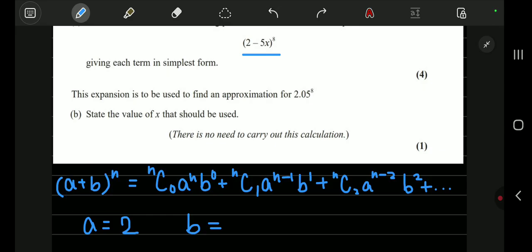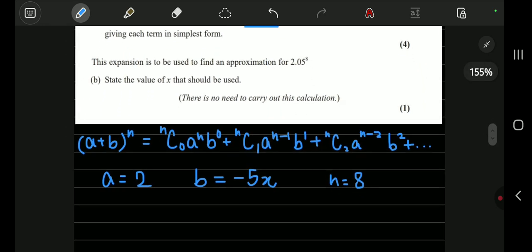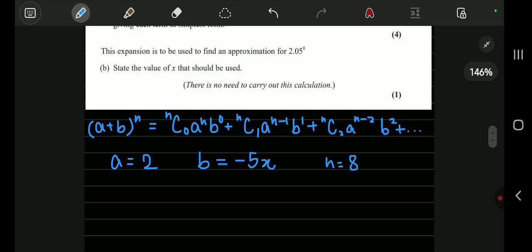Just remember this: whenever you get a negative term, we just plug in b to be the minus of that number, instead of remembering a whole new formula for (a minus b) to the power n. So we'll take b equal to minus 5x and n equal to 8, and now just plug in values in the expansion and we will get our final results.